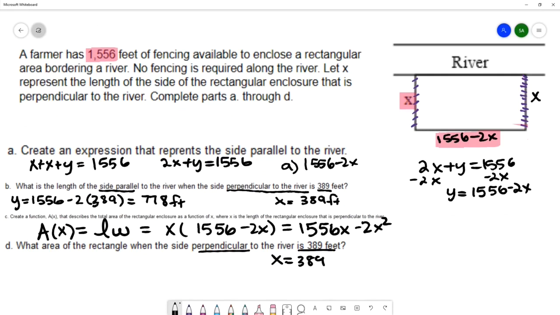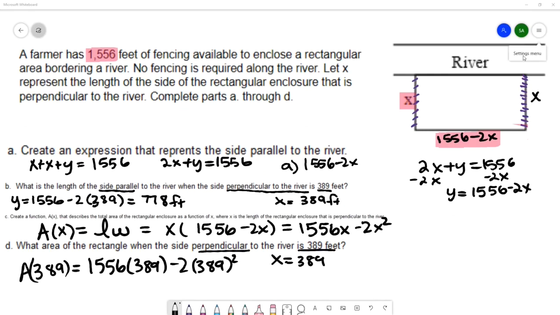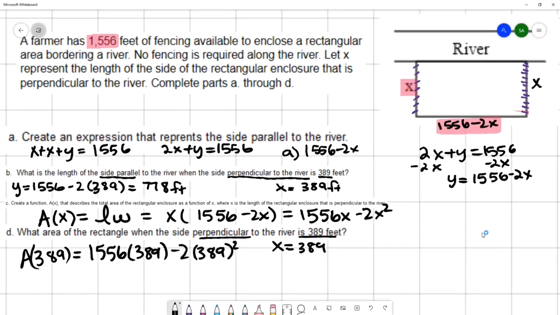And we can substitute this into our area function to get 1,556 times 389 minus 2 times 389 squared. We're going to type this in the calculator. Give me just a second to pull that calculator up. Let's make some space at the bottom here.